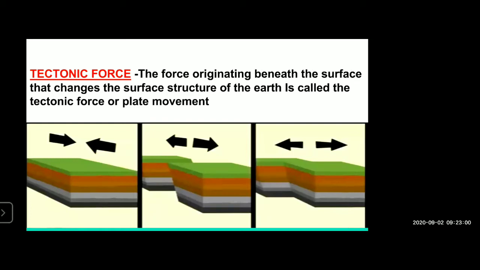Now here you can see the first slide. Here the land is in a proper position, but in the second slide, due to some force, it has changed, and in the third it has changed again. This is the tectonic force originating beneath the surface, beneath the ocean. Because of these forces, the ocean relief is formed.